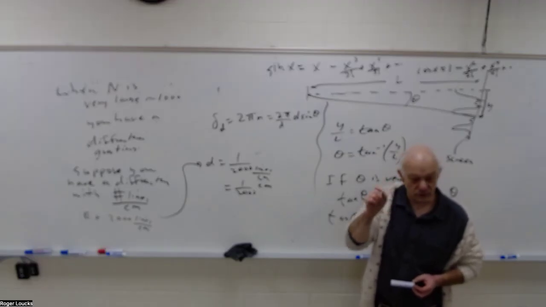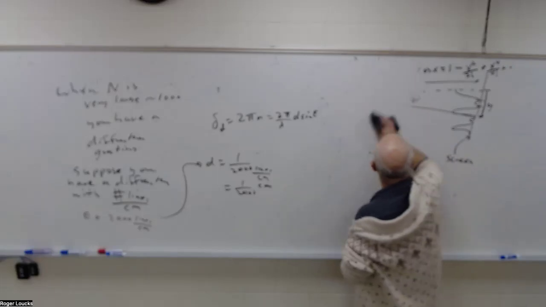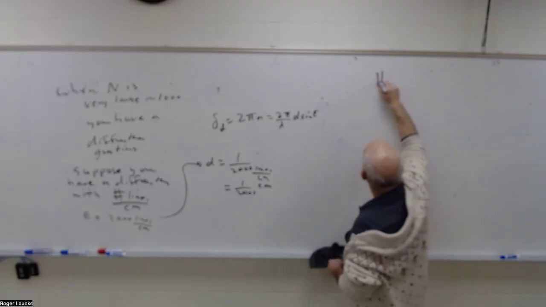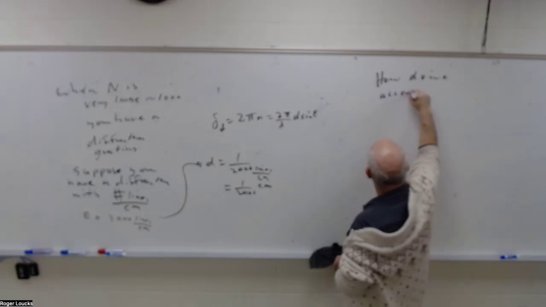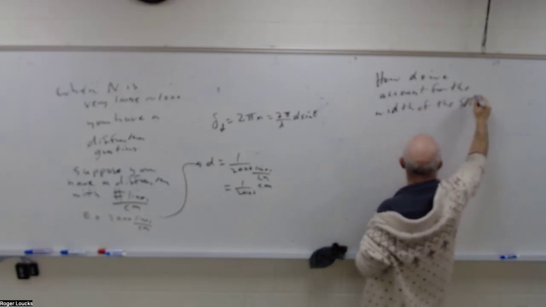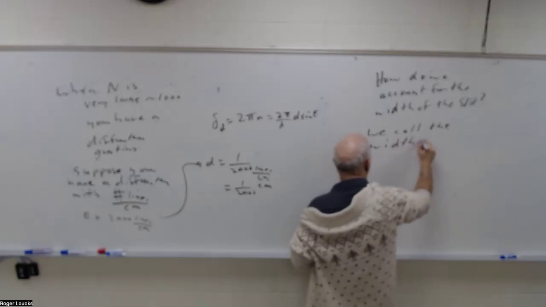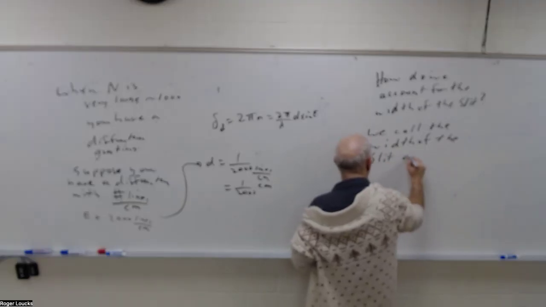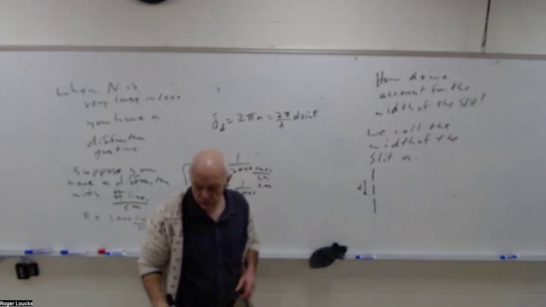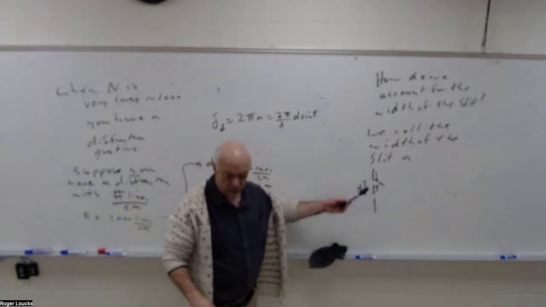The width of the slit we're going to call a. d is the distance between the centers of the slits, and each slit has some width a.